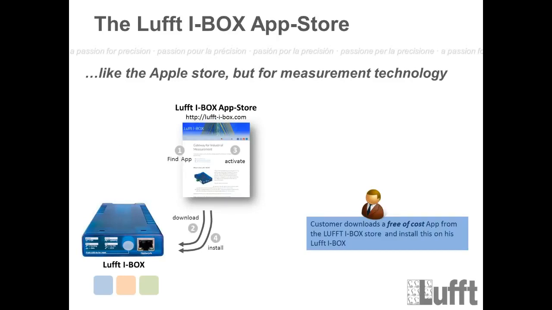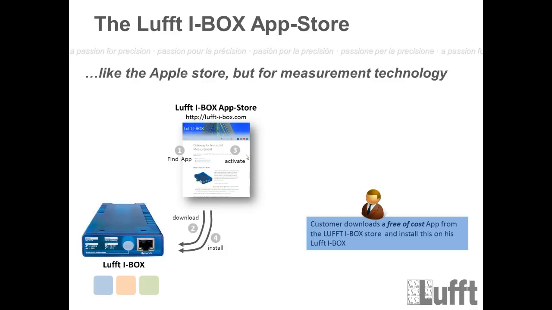The first example is if you want to get a free of cost app from the Lufft I-BOX store and install it on your Lufft I-BOX. You see the different steps here. First step, find the app in the App Store. Second step, download the app. Third step, also for free of cost apps, you need to activate them, but you don't have to pay for it.